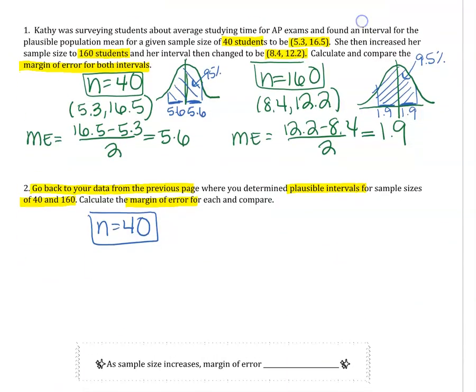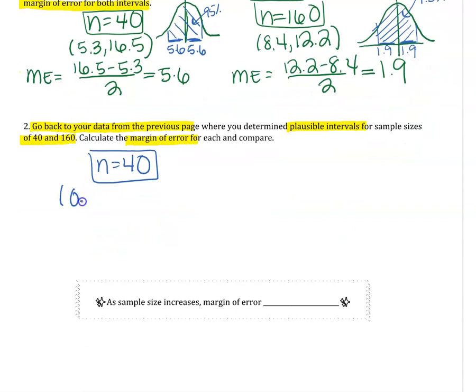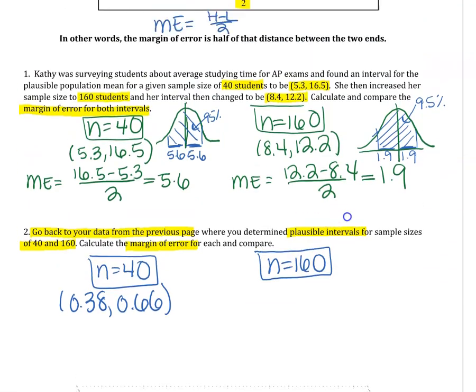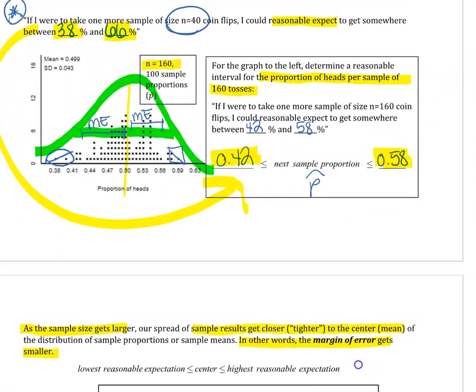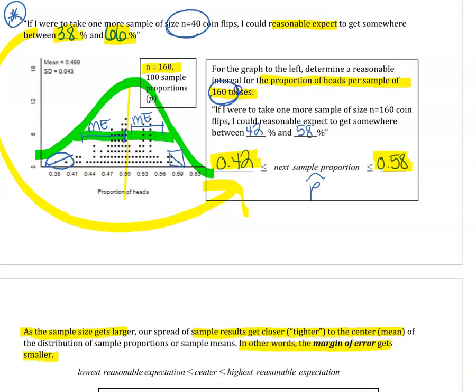So I'll do 0.38, 0.66 in a proportion. And then for n equals 160, again, previous page, here's the 160 tosses. I said between 0.42 and 0.58.